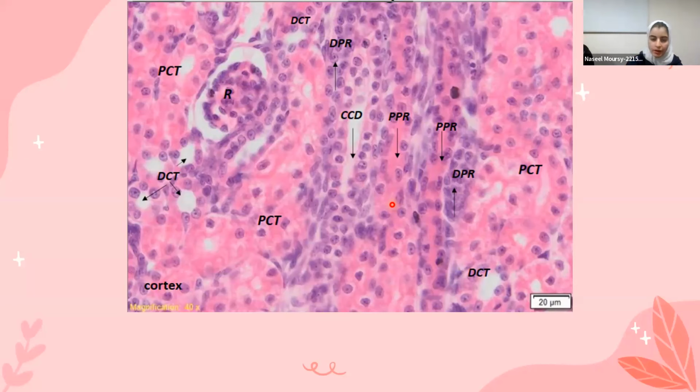Good job. So it's the pars recta of the proximal tubule. How can you know this? Let's say I'm not sure if I'm in the proximal or distal. The color resembles the proximal convoluted tubule, correct? They're both fuzzy pink, so that helps you. But here, do they look like they're twirling around? No, it's very clearly straight.